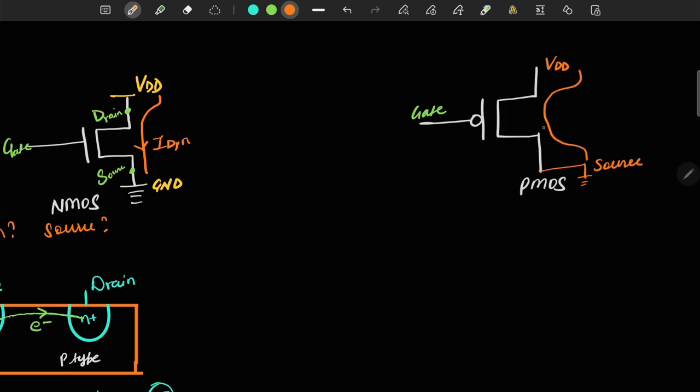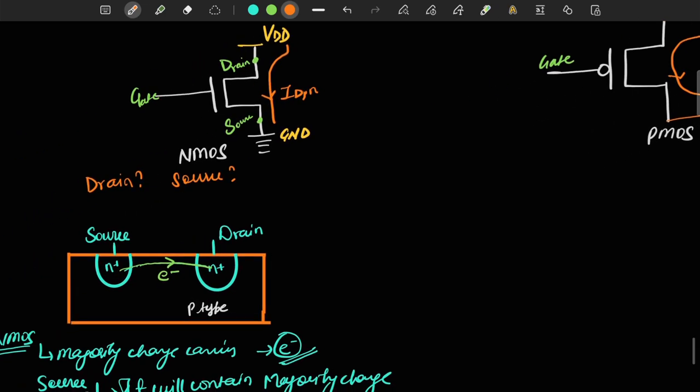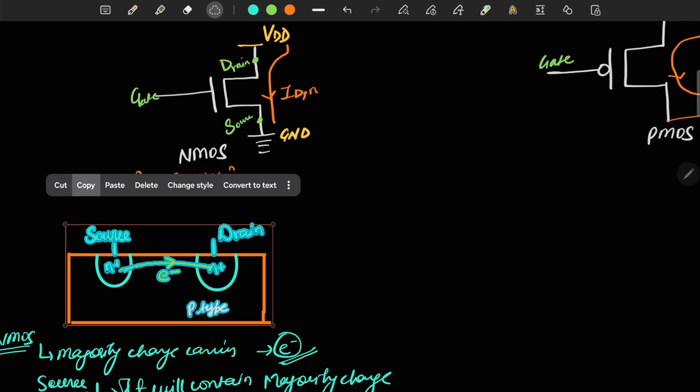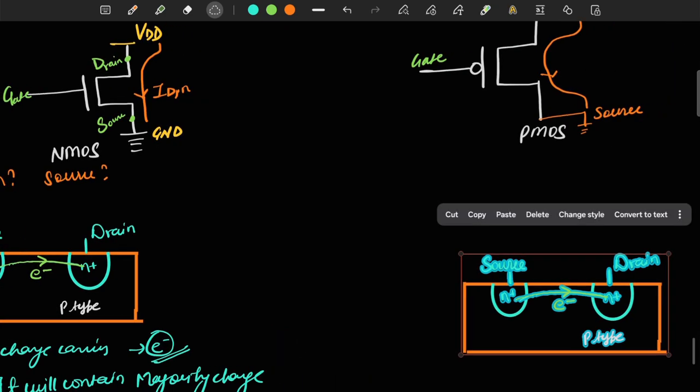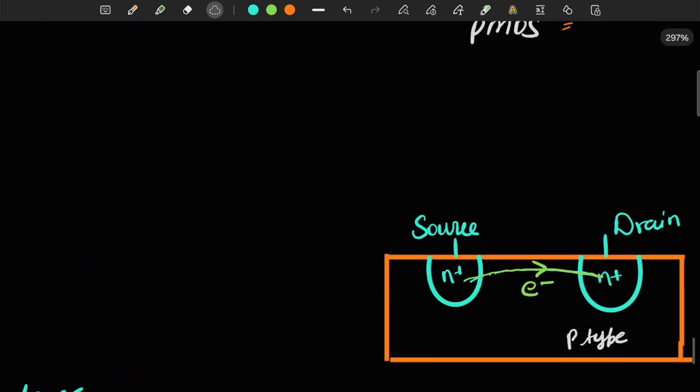The direction of the current will be the same, from VDD to ground, but we should know which is drain and which is source. So again we have to go into the construction part, just like the CMOS part, NMOS part, and we should analyze how it is basically happening.